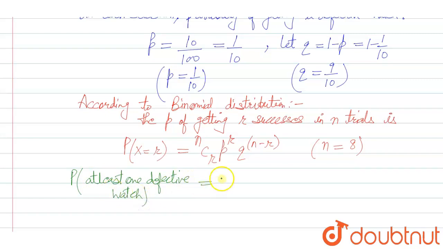So we can write the probability of selecting at least one defective watch as total probability minus the probability of not getting any defective watch.